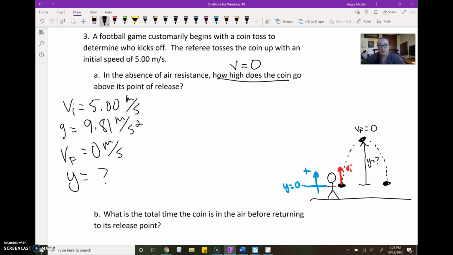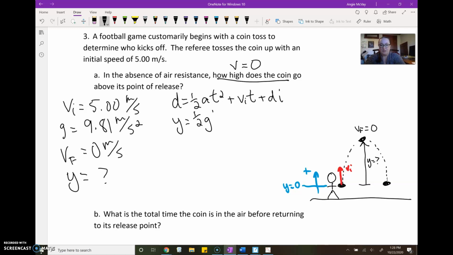Okay, so we're going to use our master motion equation. So remember, d equals 1/2 a t squared plus v initial t plus d initial. Okay, and we're going to translate that into vertical notation.